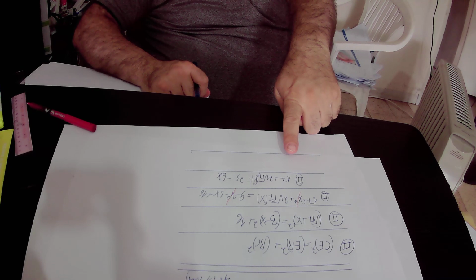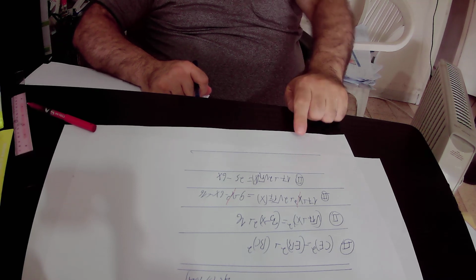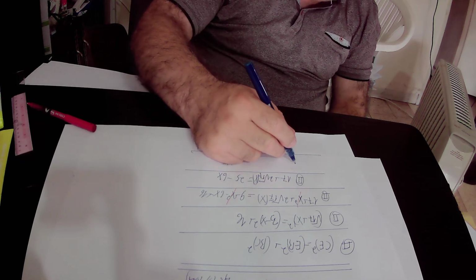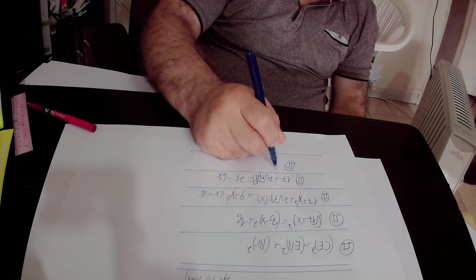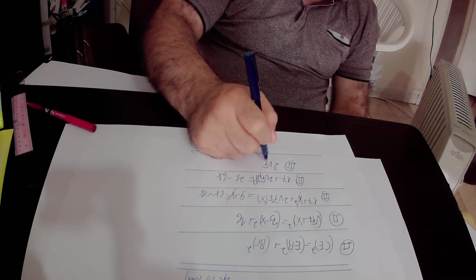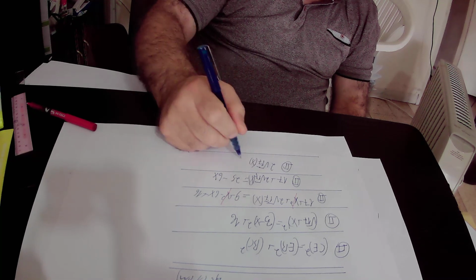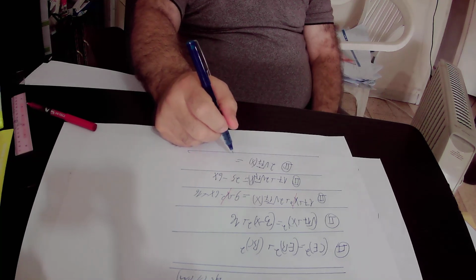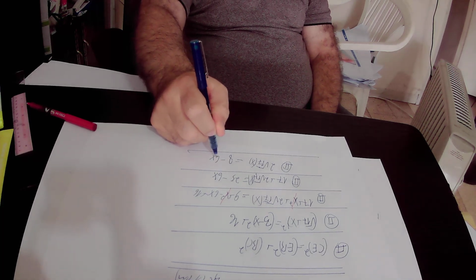So here we will subtract 17 from equation number 2, and we will get that 17 minus 17 is 0, and what is left is only 2 times square root of 17x. It equals 25 minus 17 is 8 minus 6x.